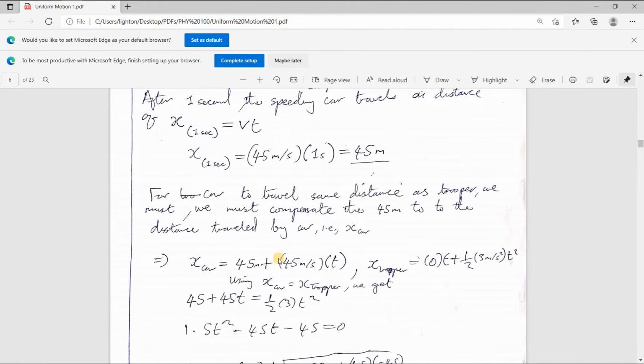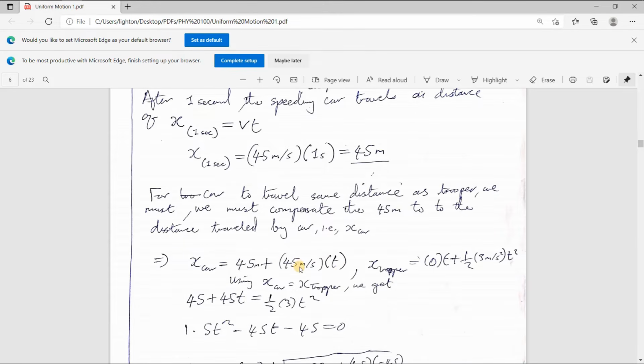Okay, so this 45 is representing the distance after 1 second. And this part is representing the unknown distance covered. So this part can even be completed to say 45t, just this part here.